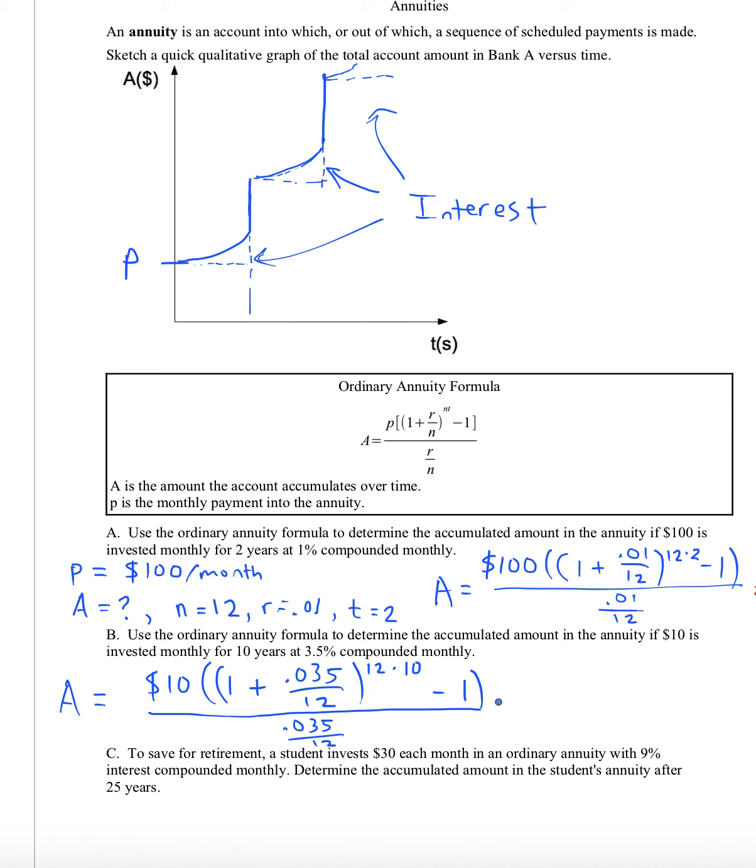Okay, there's the setup. I get 1434.33. How much did the person really pay in? $10 times 10 years times 12 months.